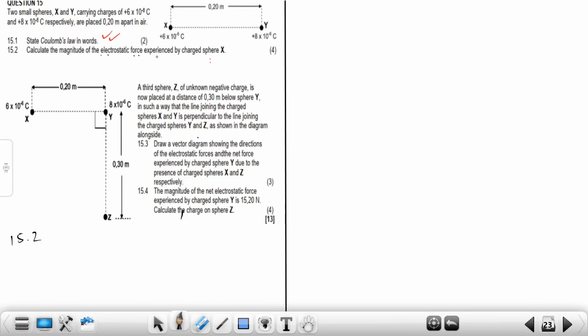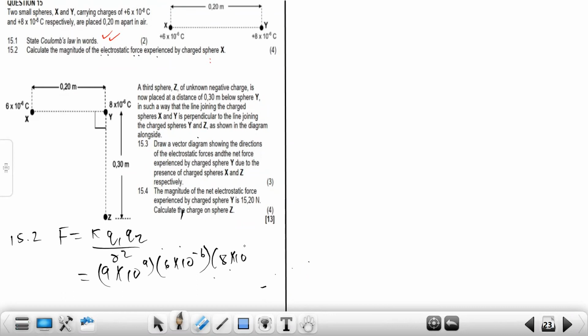This should be easy to do because I can easily say I have F, which is K Q1 Q2 divided by R squared. 9 multiplied by 10 to power positive 9, and now I have my charge, which is 6 multiplied by 10 to negative 6, and I have 8 multiplied by 10 to power negative 6, and then divided by the distance between the two, 0.2 meters squared.